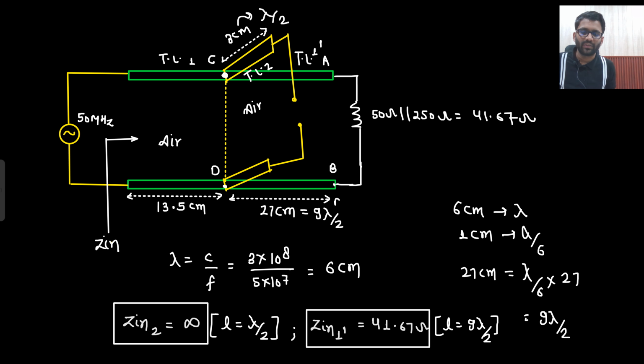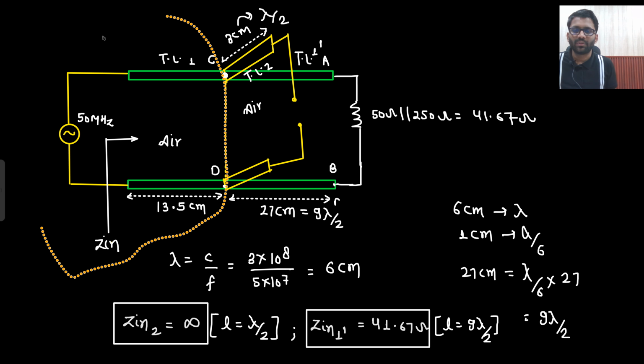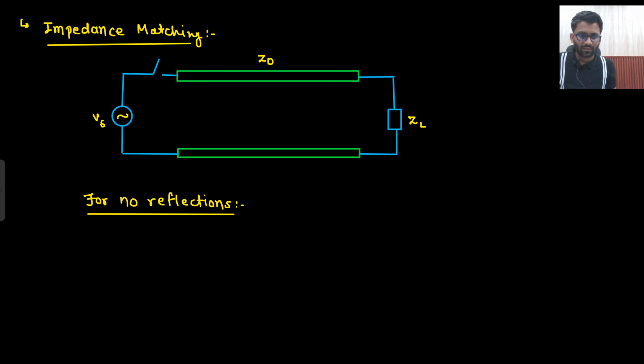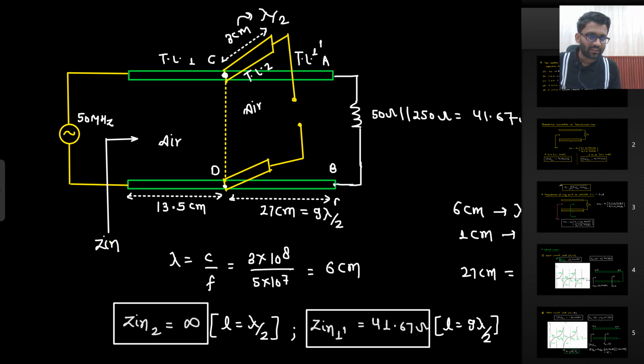Zin 2 is infinity. Now at the CD node, infinity parallel with 41.67 ohm. So what is the answer you will get? Infinity parallel with 41.67 ohm will be 41.67 ohm only. So now your transmission line has reduced to this much. What has this reduced to?